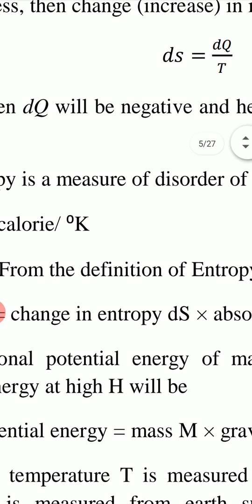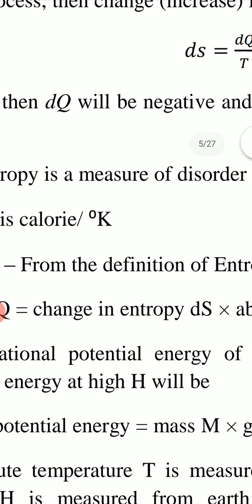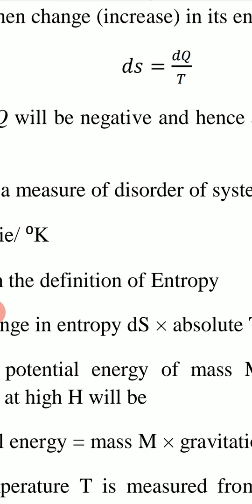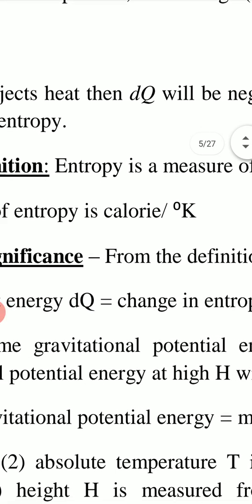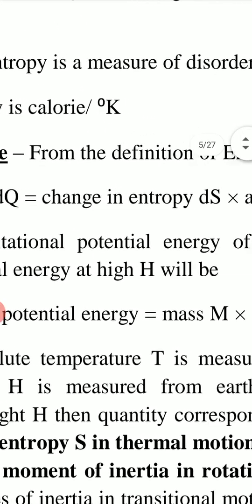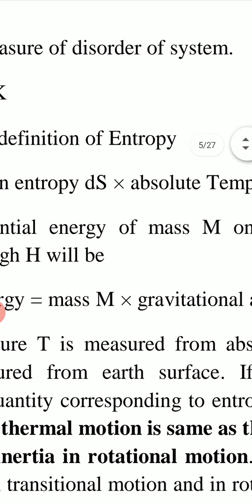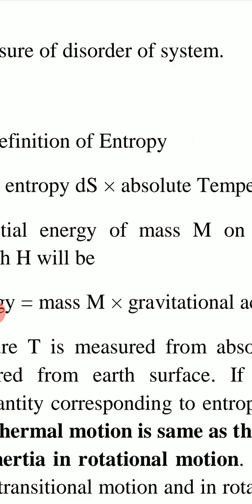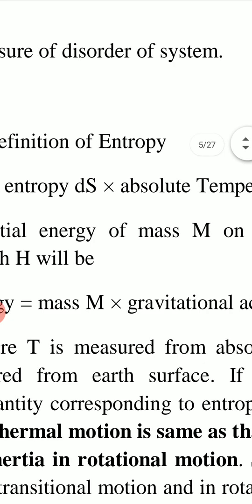If a system rejects dq heat, then dq is negative, so ds will also be negative and entropy of the system decreases. Other definition of entropy is that it is a measure of disorder of system. If disorder of the system increases, entropy of the system increases.